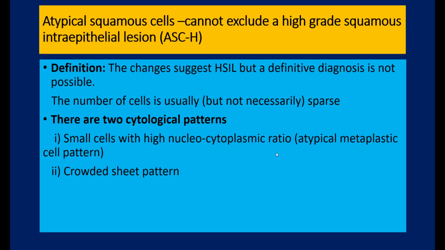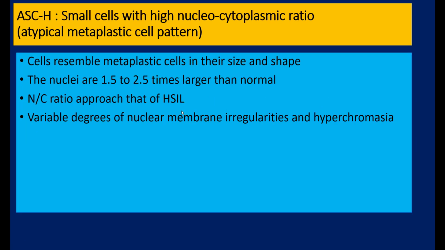However, there is another one which is called the crowded sheet pattern, which underlines the fact that the cells are not necessarily sparse. In the atypical metaplastic cell pattern, we find cells which resemble metaplastic cells in their size and shape. The nuclei are about 1.5 to 2.5 times larger than normal metaplastic cells or parabasal cells.